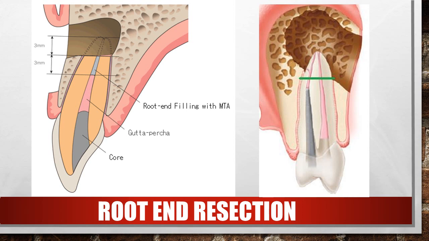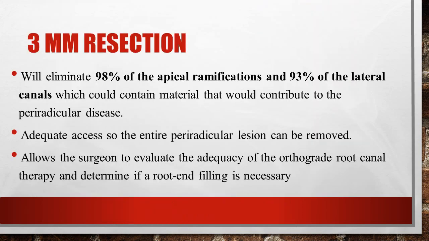That is why we tend to remove 3 mm, because we get rid of all the apical ramifications and lateral and accessory canals, because they can serve as subsequent paths for reinfection, because in most obturations we do not see the gutta percha flowing into the lateral and accessory canals. So they are actually empty, because of which they can serve as pathways for reinfection. That is why we wish to get rid of them when we are performing our periradicular surgery.